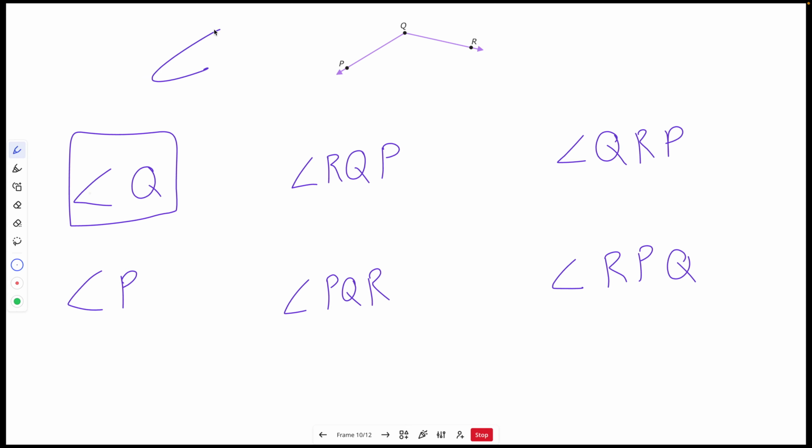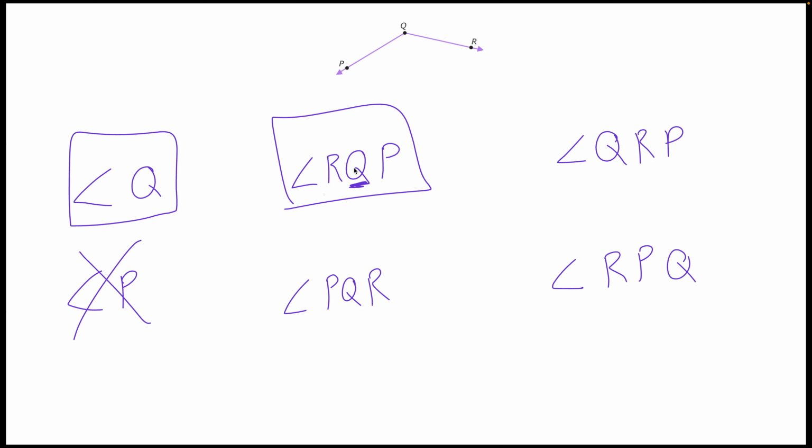That's how we read it in geometry, okay, in mathematics. Okay, you can't call it one of the outside points, so angle P doesn't work. Angle RQP will also work because you started from the outside. Q has to be in the middle because it's in the middle in the drawing, and so on and so forth. Also, PQR also works.